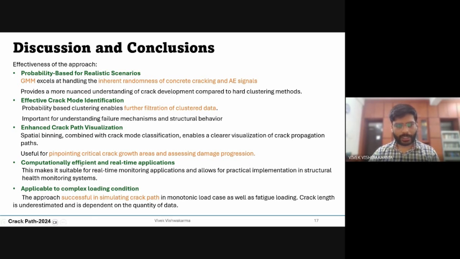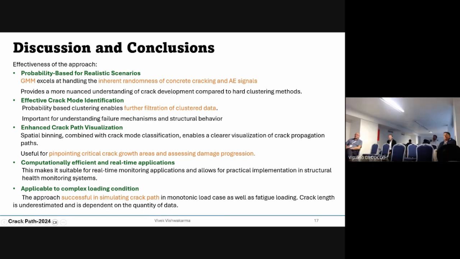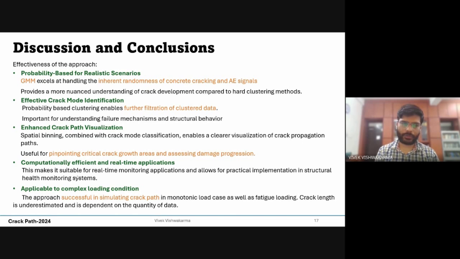It is computationally efficient because it is a parametric based method, and it can be applied to real time applications also because modern AE softwares allow you to take out the data while doing the test. And it is applicable to complex loading conditions with some correction. The approach was successful in simulating crack path in the monotonic load case as well as fatigue loading.